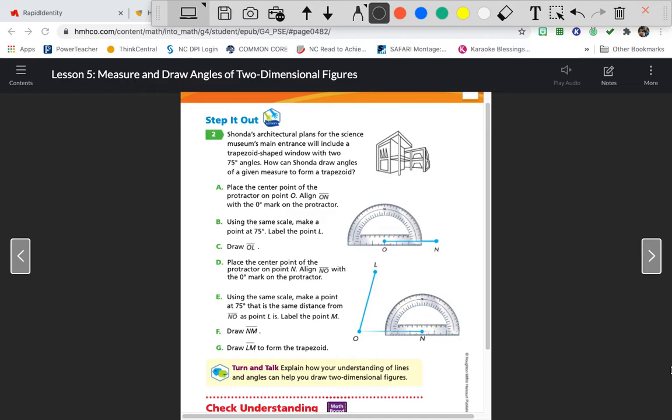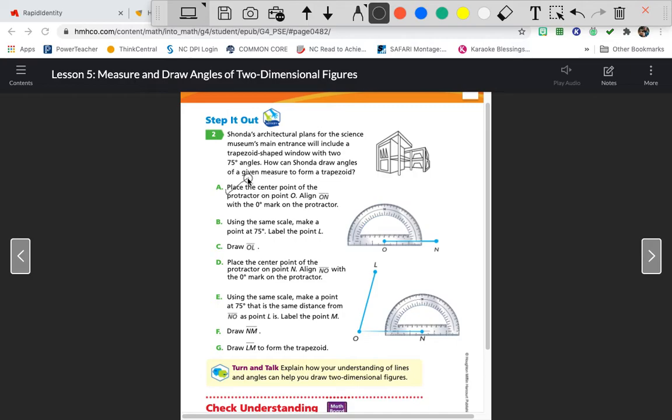So A, place the center point of the protractor on point O. Align ON with the 0-degree mark on the protractor. And they've done that for us already. B, using the same scale, make a point at 75 degrees. So we know that if we go straight up, that's 90 degrees.